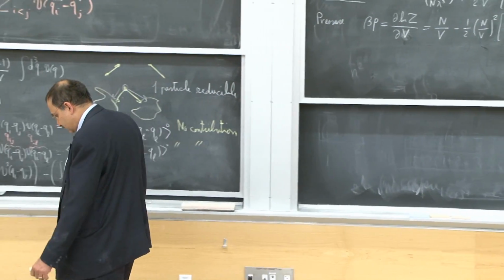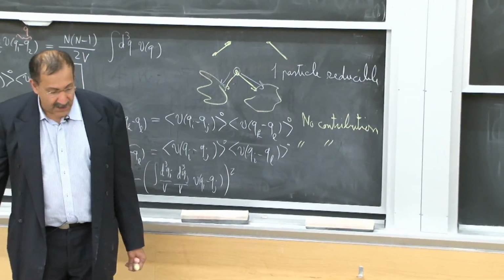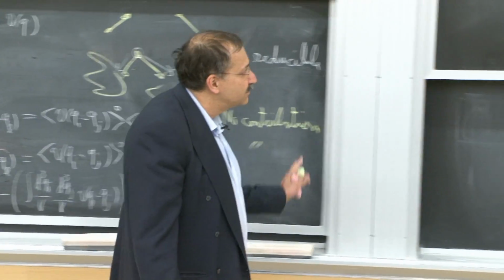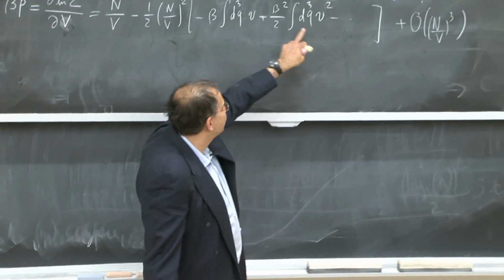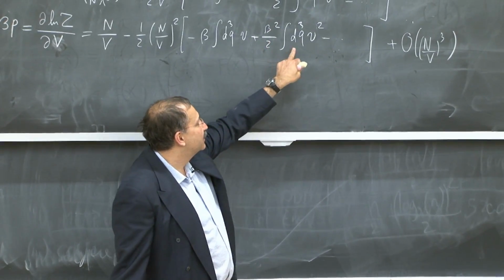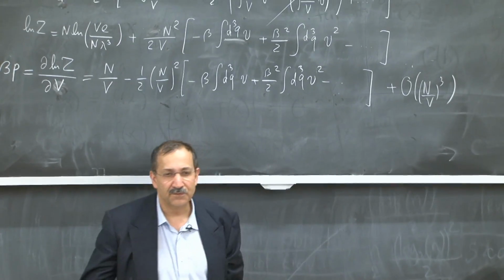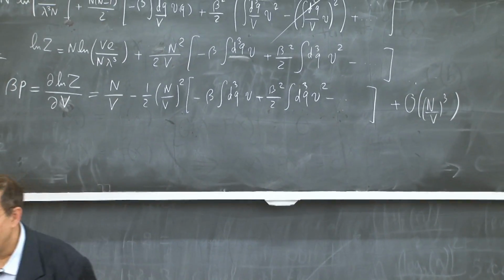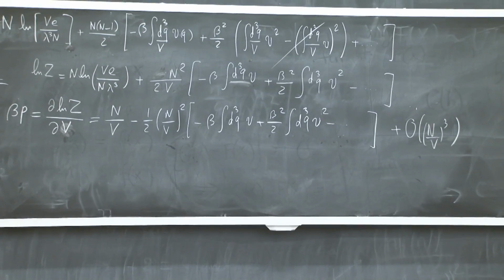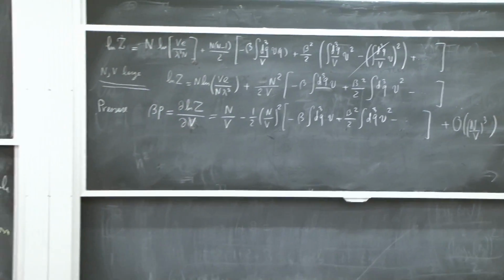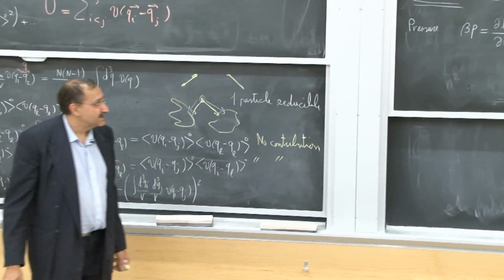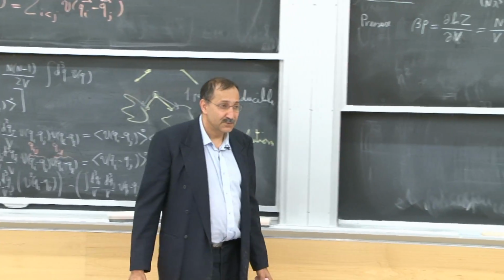So again, you won't be surprised that if I were to go ahead, there will be a term in this series that would be beta cubed over 3 factorial, integral over q of v cubed, etc. And that's actually very good, because as I have written for you currently, this expression is totally useless.